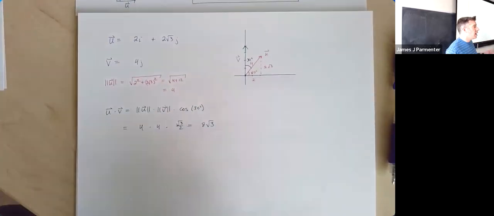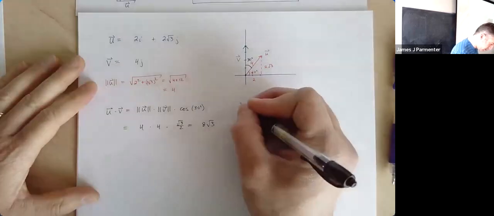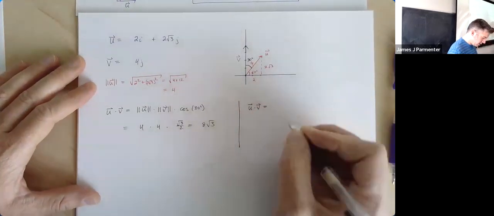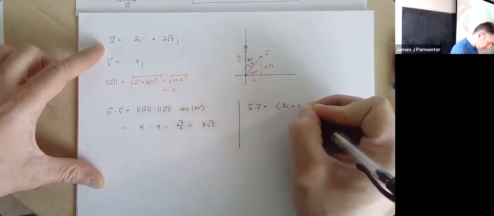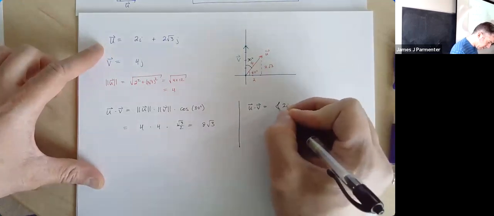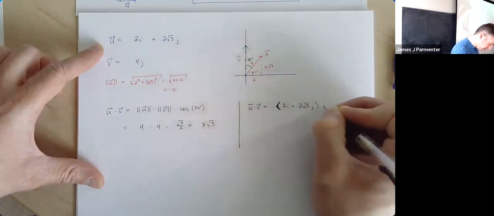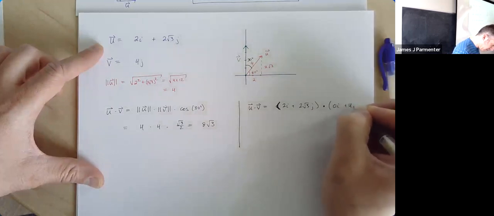Okay, but usually you're not going to know the angle between two vectors. And so here's the thing. We can calculate the dot product in a much, much simpler way. U dot V, which is the vector 2i plus 2 root 3j, dotted with 0i plus 4j.